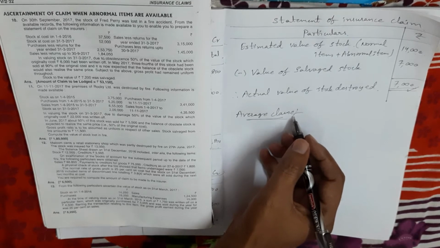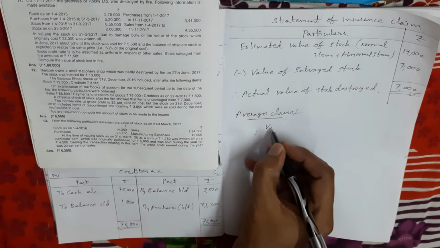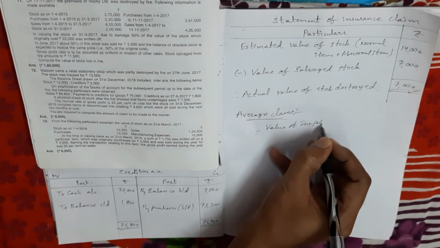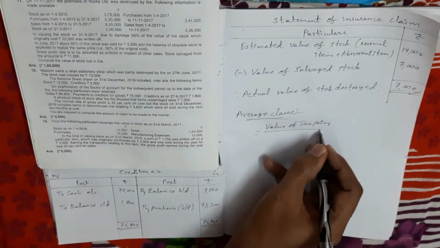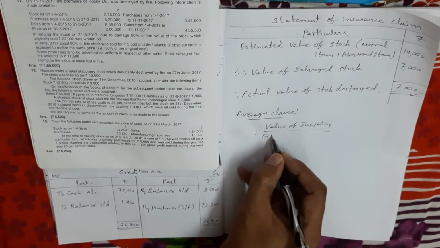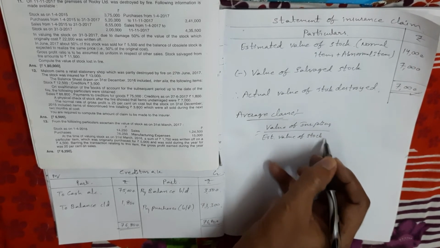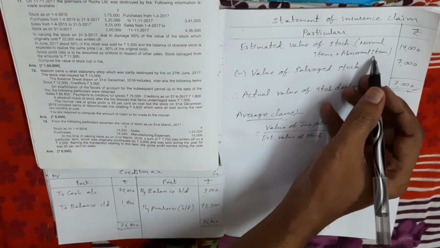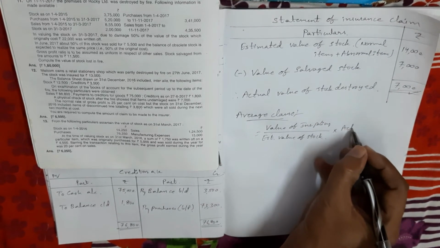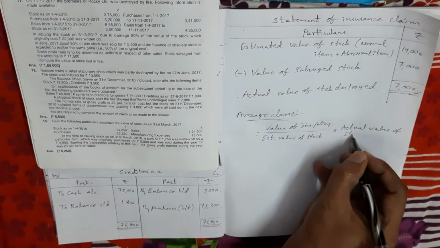Value of insurance policy divided by estimated value of stock in this problem including abnormal items, into actual value of stock destroyed.